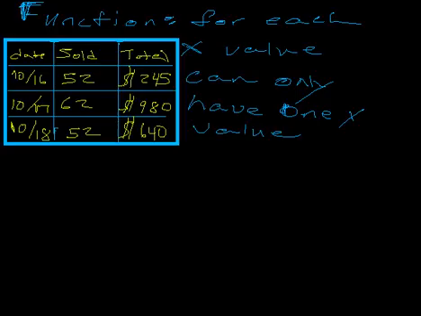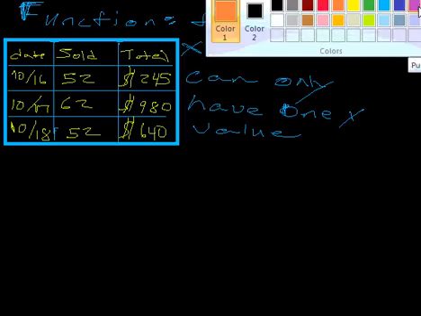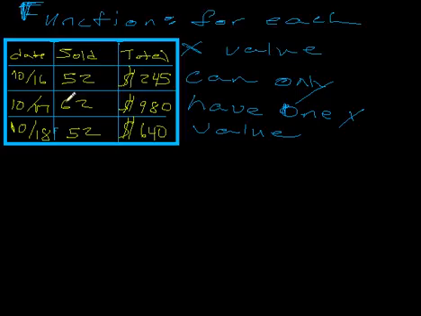So what I'm going to do here is let's write the domain and range out. Let's find out what the domain and range are. So again, my domain are all of my x values. So my domain here are going to be my pairs sold.